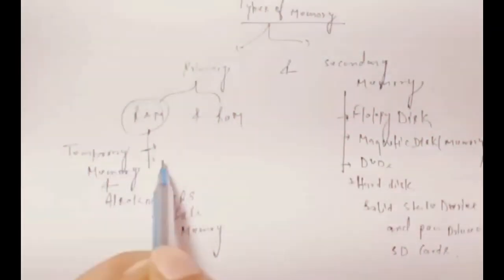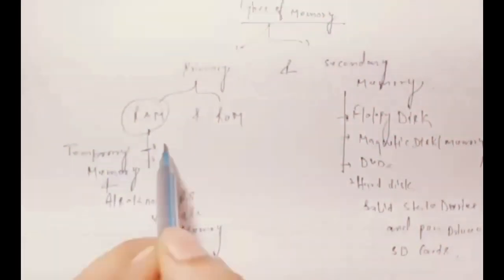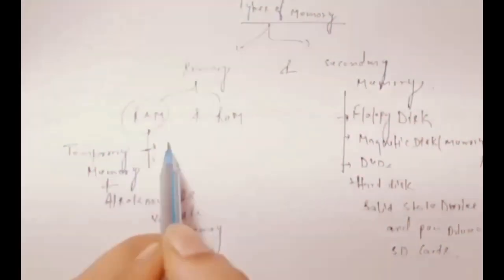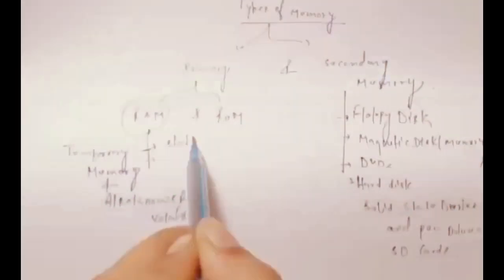Inside of RAM we have some memory. First is static and second is dynamic.